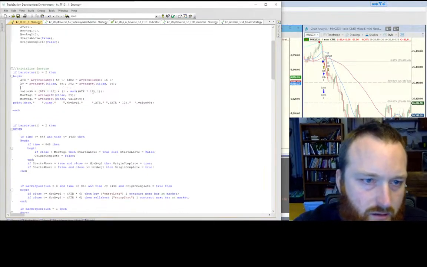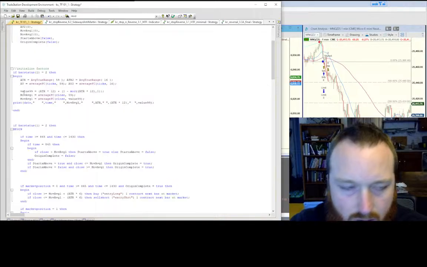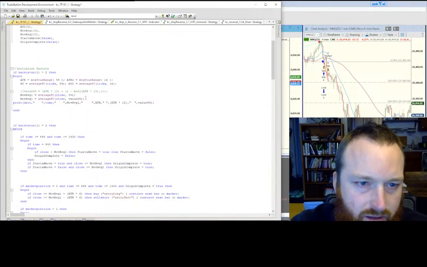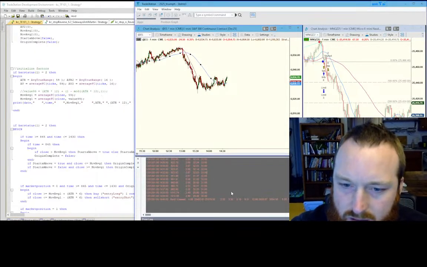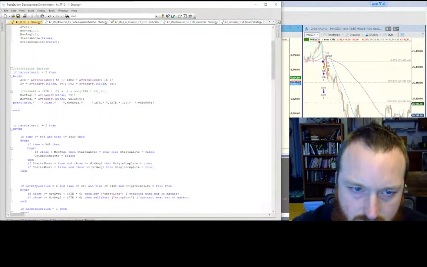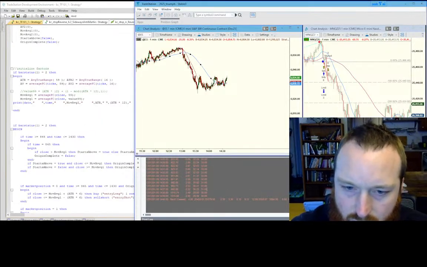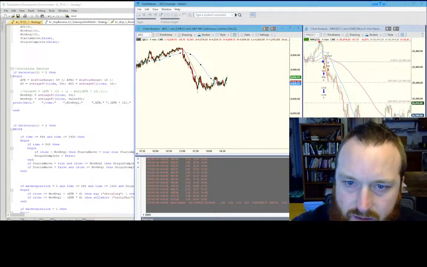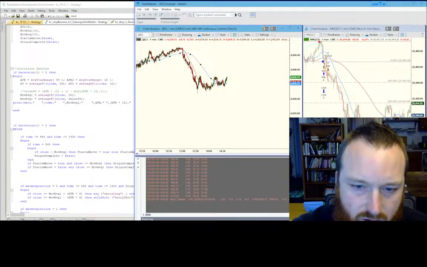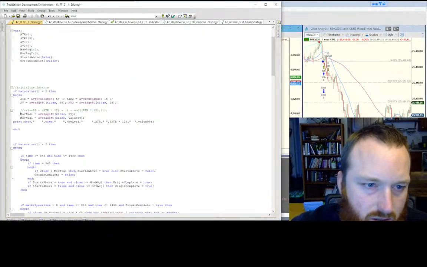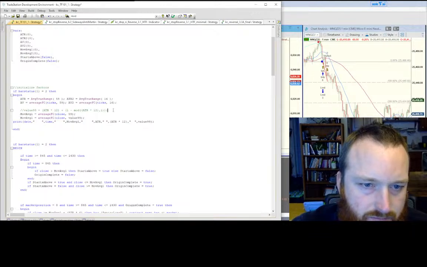All right, what is high volatility? Well, right now is about 5, right? What's the ATR right now? About 2.5. Okay, that's normal then. Let's say 3 is normal.